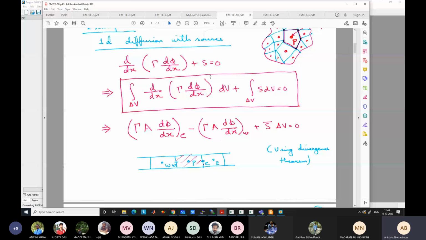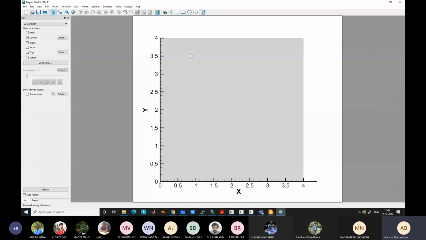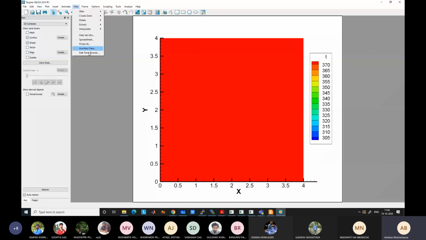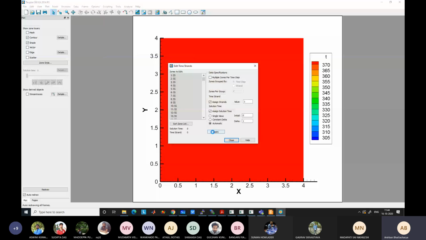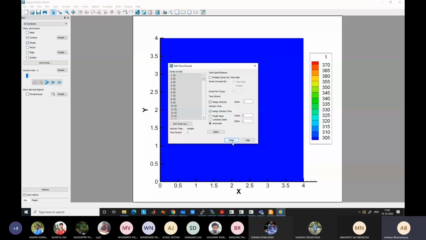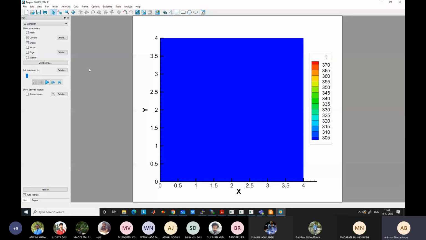Let me show you. So this domain is divided into grids like this.